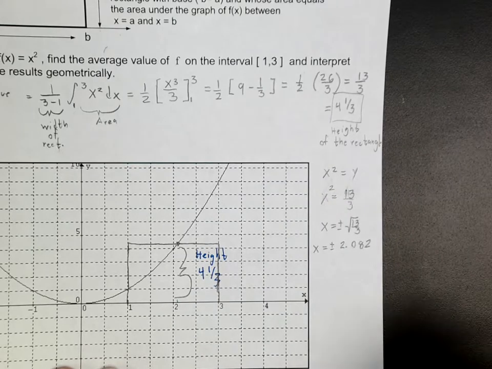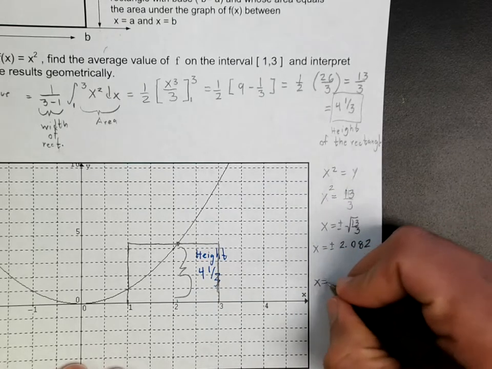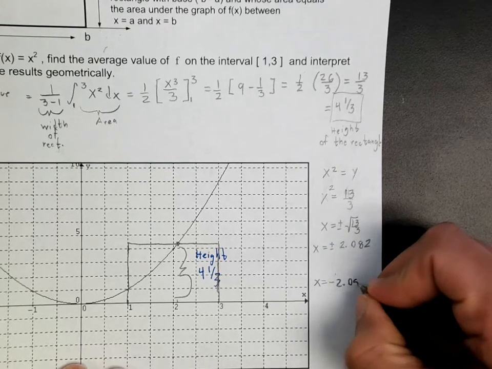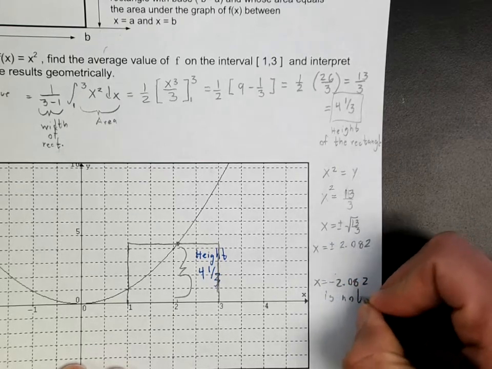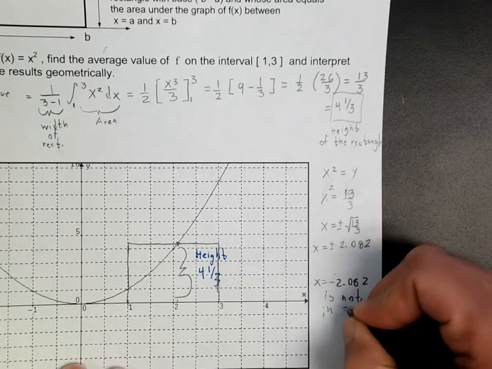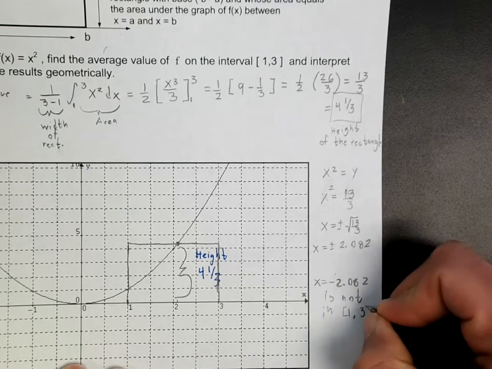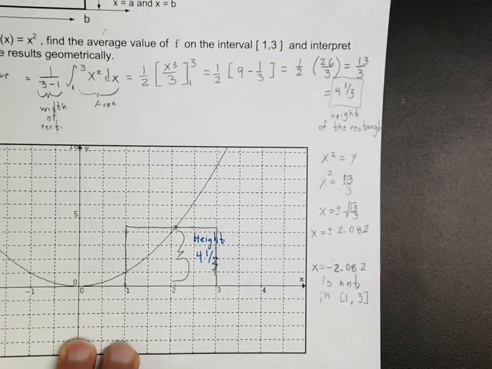And I'm not using the negative because it is not in the interval between 1 and 3. Oh, sorry, the interval of 1 and 3, with 1 and 3 included.